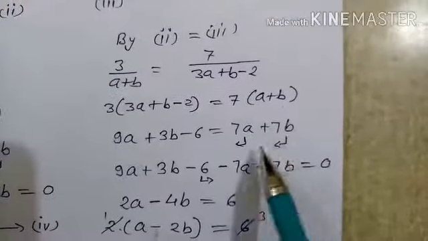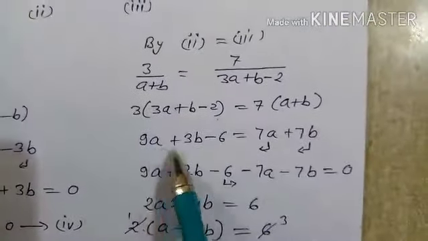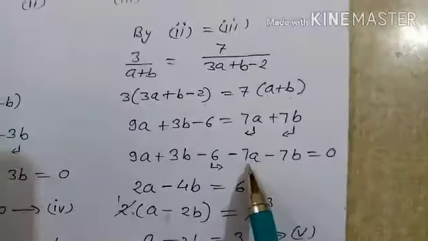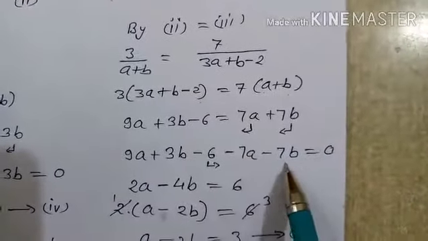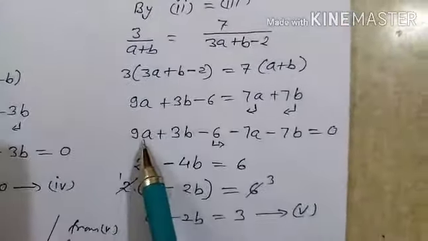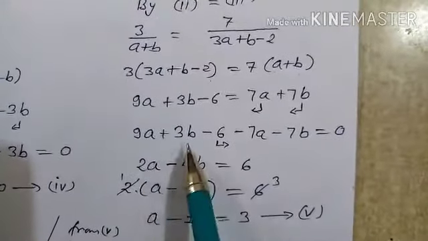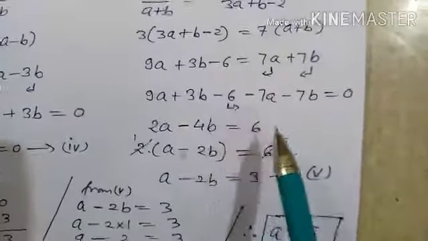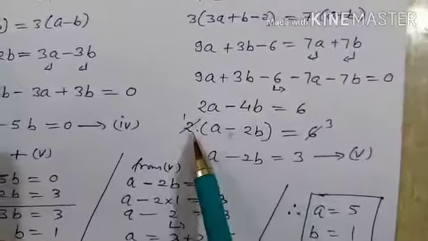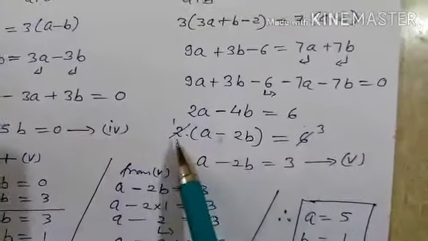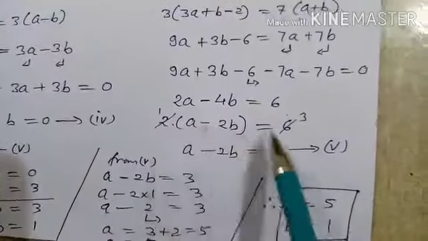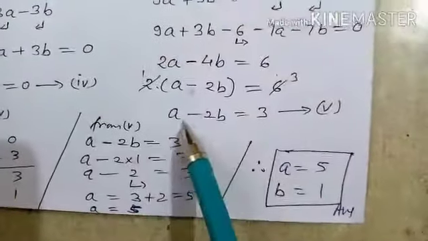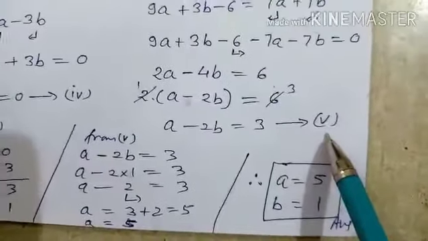Transfer 7a and 7b to the left side: 9a plus 3b minus 6 as it is, and both 7a and 7b become negative, minus 7a and minus 7b equal to 0. Now 9a minus 7a is 2a, 3b minus 7b is minus 4b, and minus 6 transfers to the right side. Now 2 is common, so only a minus 2b remains. The 2 cancels out with 6, since 2 ones are 2 and 2 threes are 6. So our equation is a minus 2b equal to 3, equation number 5.